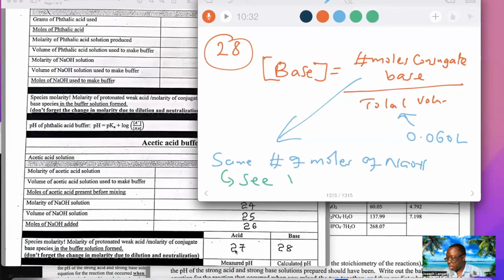Please be setting up your equation when you do this calculation. I don't want to see just numerical values without the calculation.